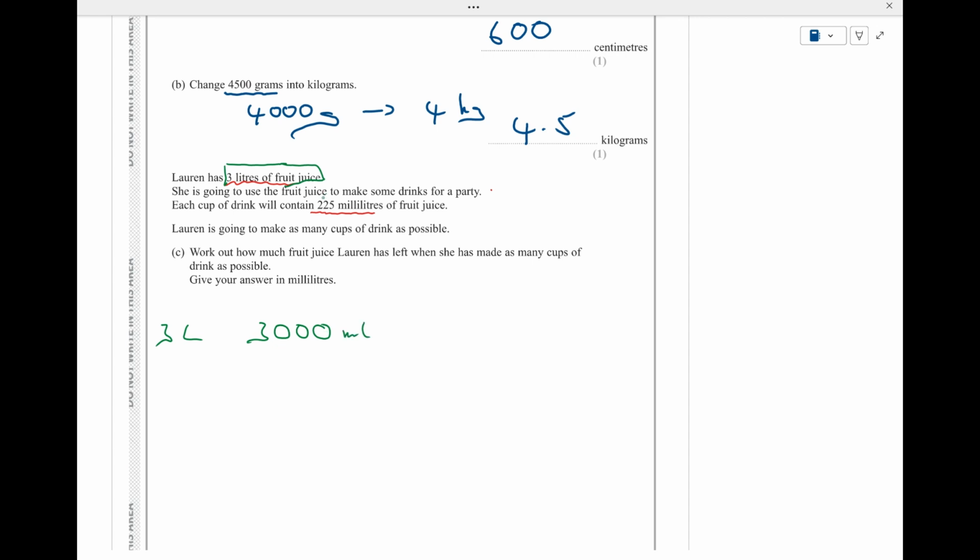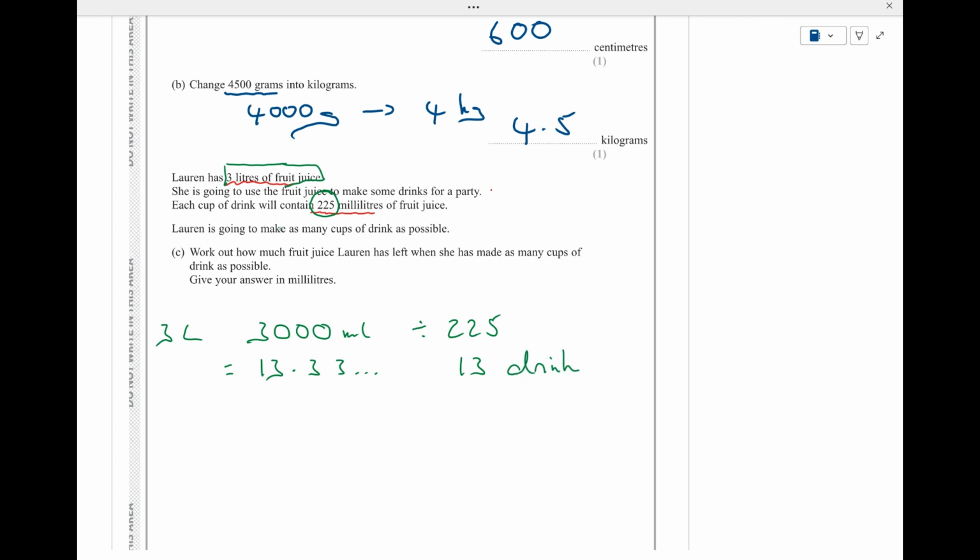And each drink contains 225 millilitres. So I bet this is what the question is going to be, I could say, well, how many drinks could she make? And I could do 3,000 divided by 225. And I can see that she could make 13.333 drinks. 13 drinks, and she'd have a bit of juice left over.